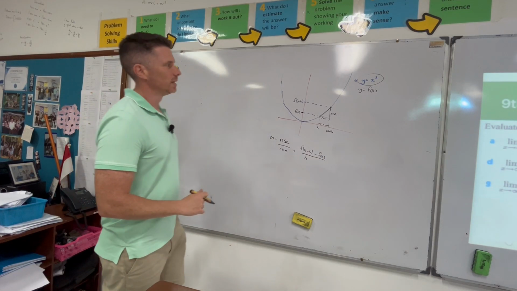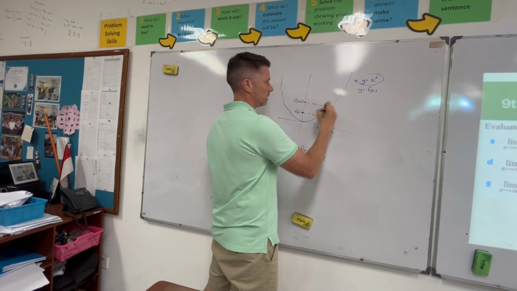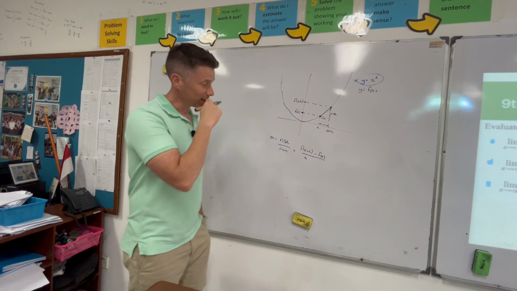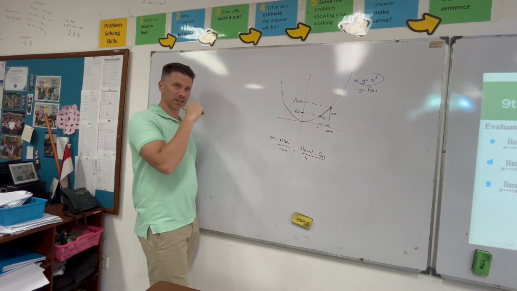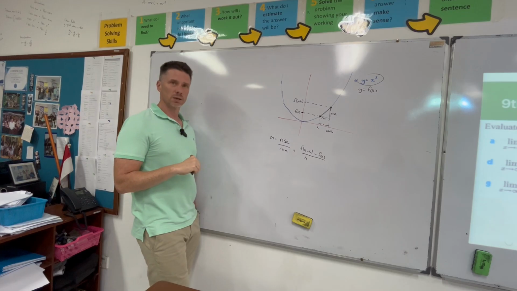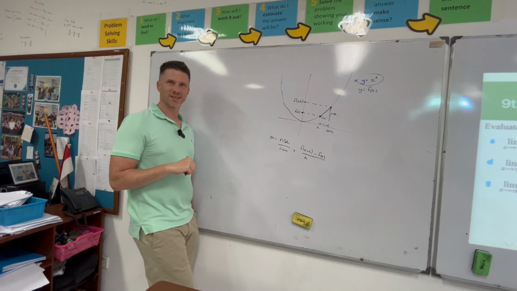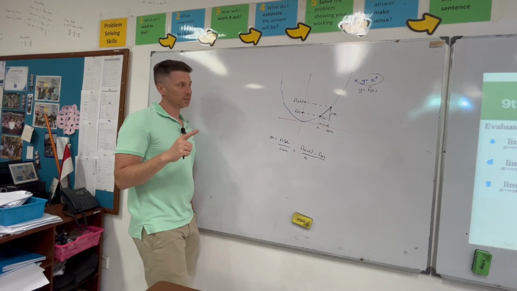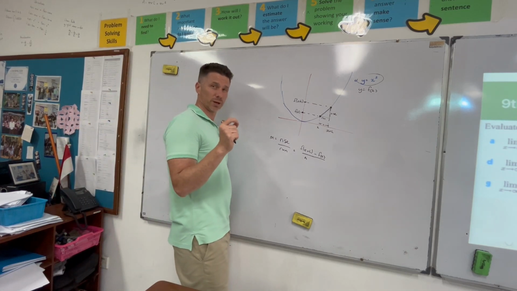Right. Now the concept of a limit comes into effect here when we're trying to get this as accurate as possible at one point. And to make it as accurate as possible at one point, we need h to be what? To approach 0. So to be as close as possible to 0 without actually being 0.